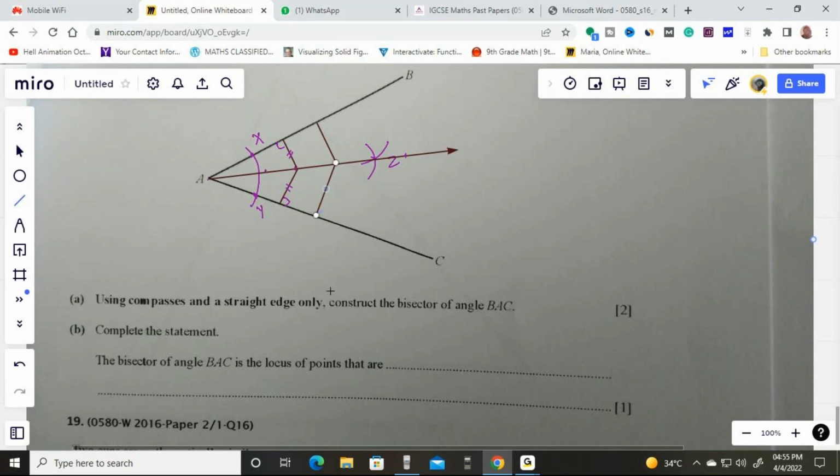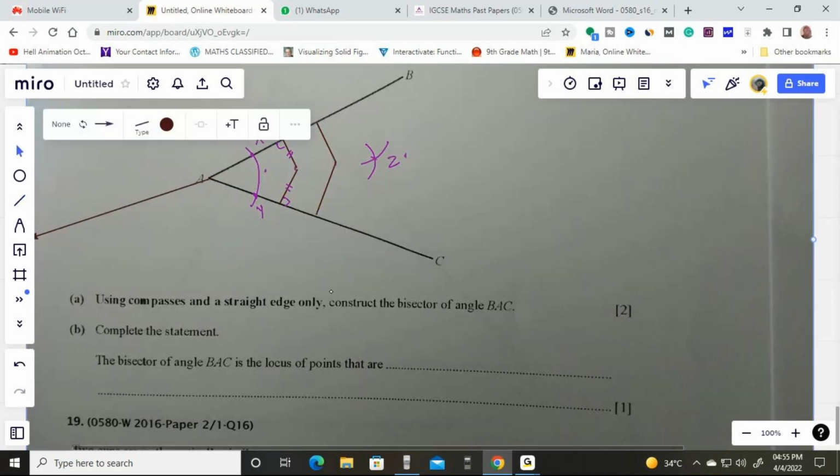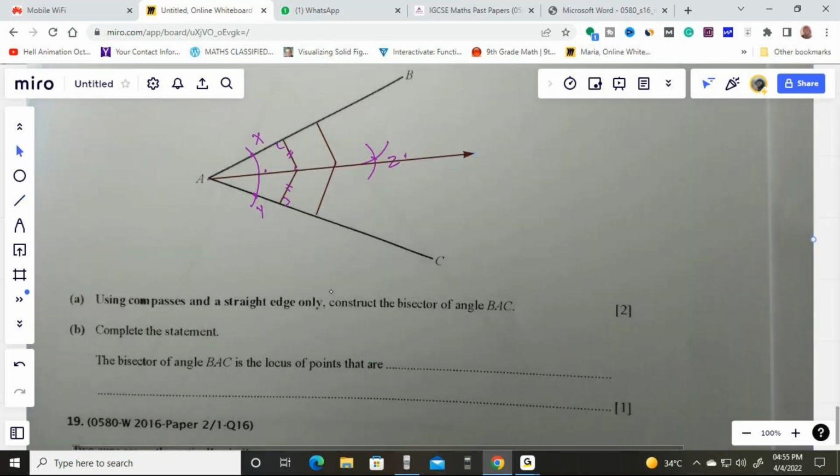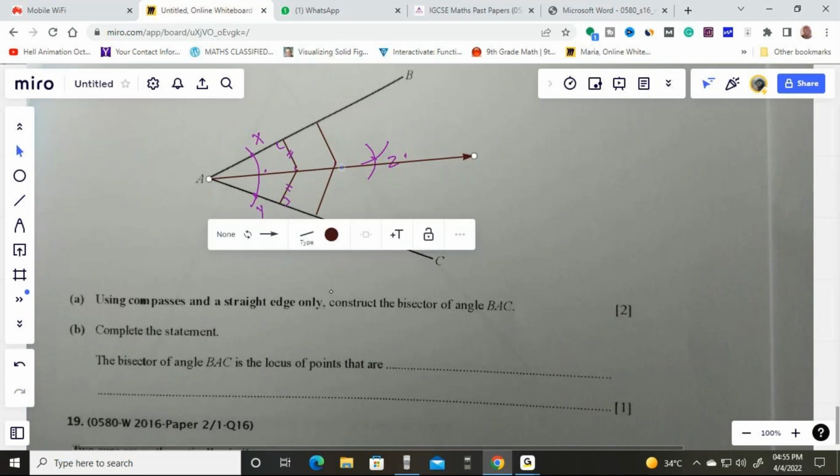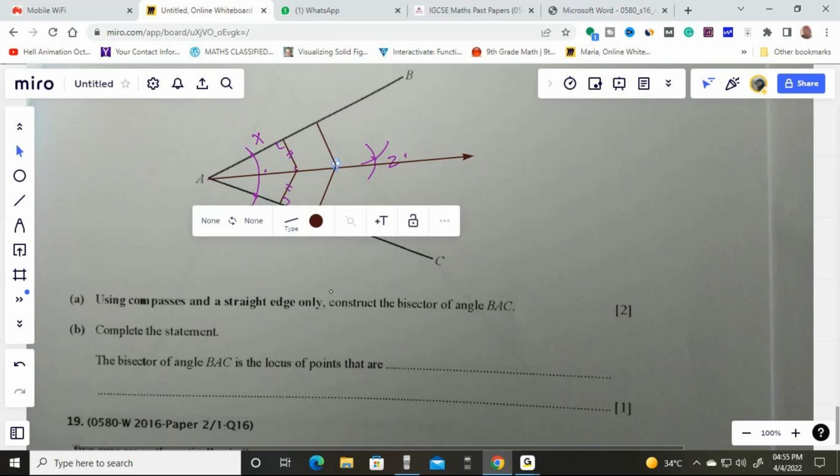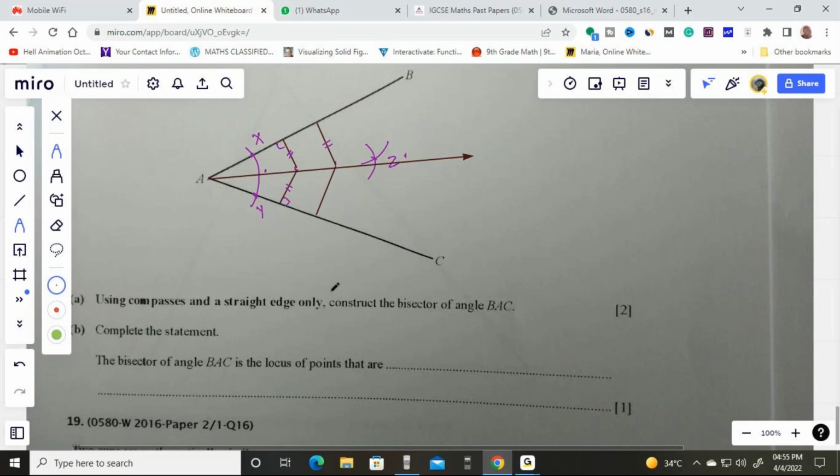My arc is not according to scale. Let me just try to adjust it a little here. That's much better. You see these lines are equidistant from AB and BC.